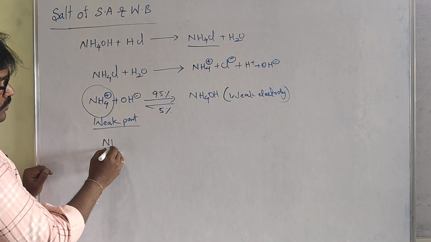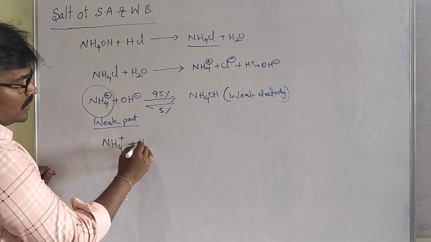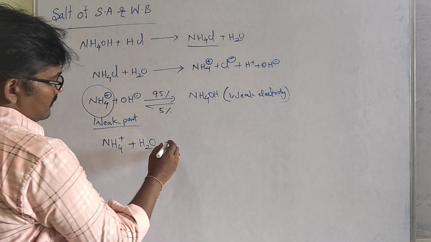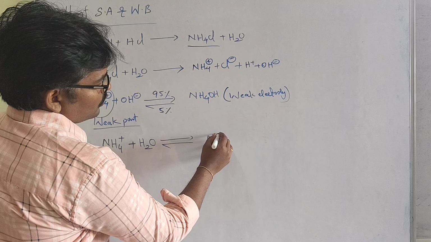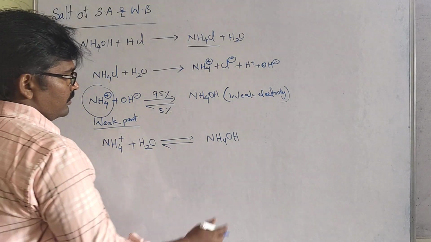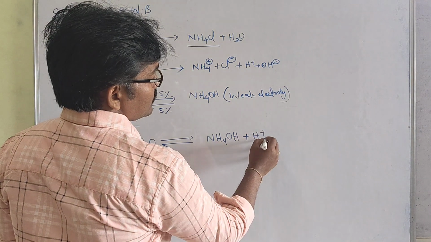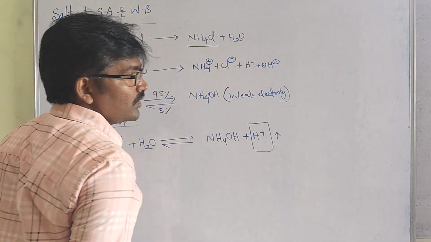So now NH4 plus, when it reacts with H2O, NH4OH will be formed, then plus H plus will be formed. So the H plus ion in the solution is increasing.